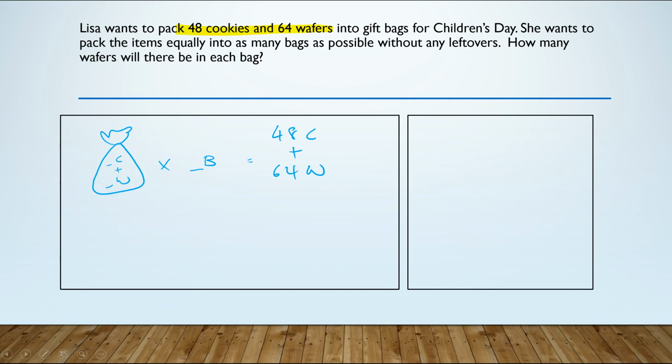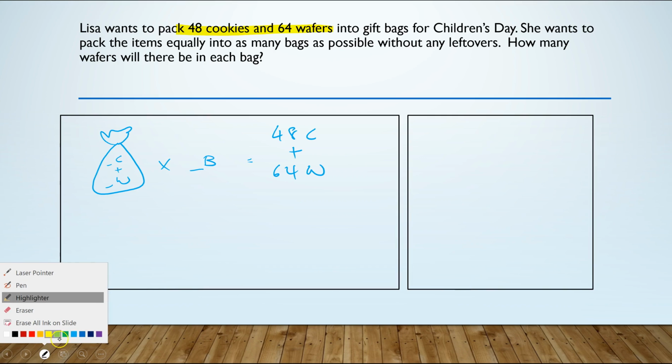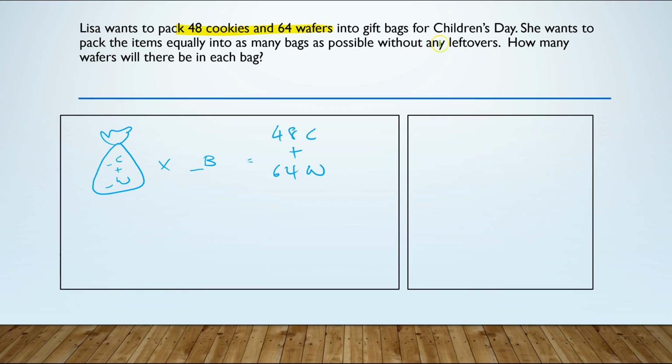You definitely need to ask the children, okay, are there any questions? And usually they will ask questions related to this part of the question. They don't understand how this is phrased, and they cannot interpret it properly.